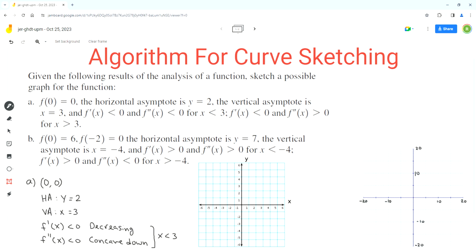Now after that, the first derivative is less than 0 and the second derivative is greater than 0 for x greater than 3. So f prime of x is less than 0. If the first derivative is less than 0, that means the function is decreasing.